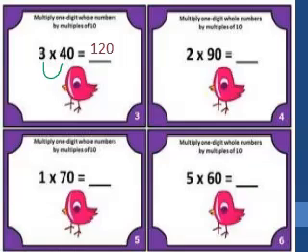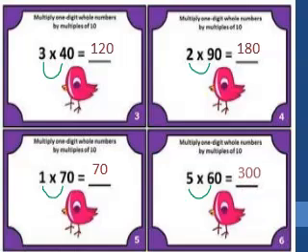The same thing in the second one. 2 times 9, the smile multiplication, it's 18, and then you add the 0 to the right. 1 times 70, you multiply 1 by 7, and you add the 0 to the right. 5 times 6, it's 30, so you put a 30, then you add the 0 to the right side, so you get 300.